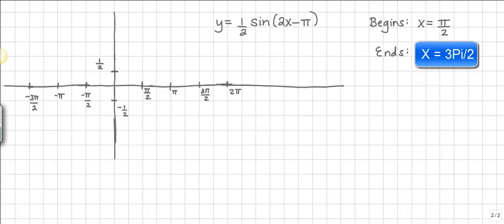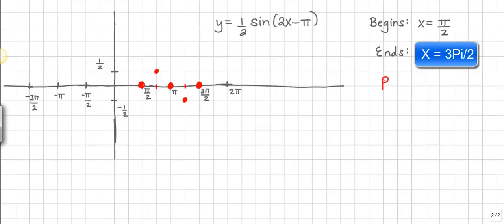We're going to start and end at pi over 2 and 3 pi over 2, and again, sine starts on an intercept and ends on an intercept. Period here is pi. Halfway between these two is an intercept. Halfway between, left to right, we go up to the value of 1/2. Halfway between, left to right, we go down to the value -1/2. Now, you can keep repeating this pattern on and on.